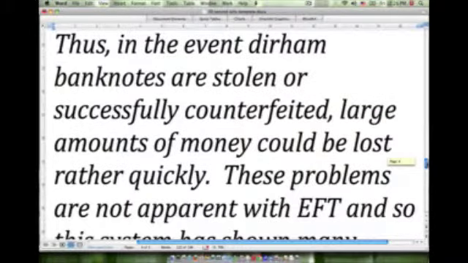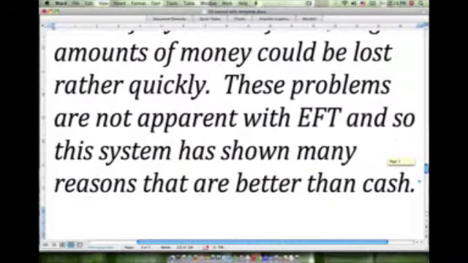Now the final sentence in this paragraph, the student links back to their thesis. "These problems are not apparent with EFT, electronic funds transfer, and so this system has shown many reasons that are better than cash."